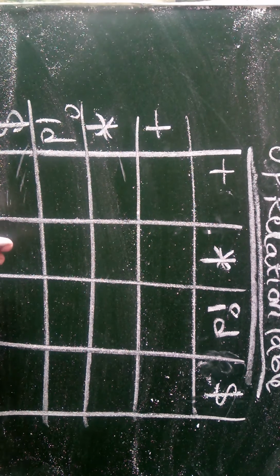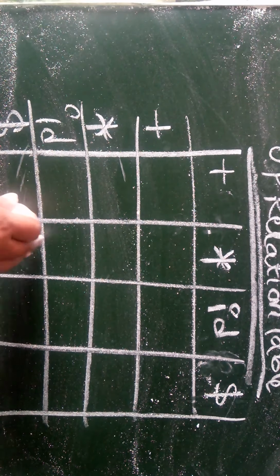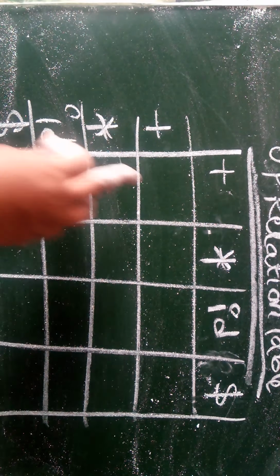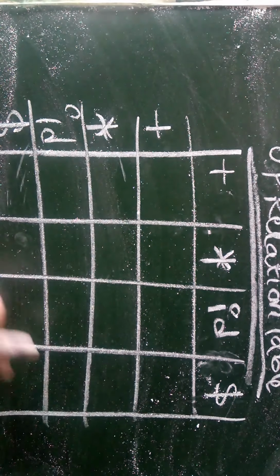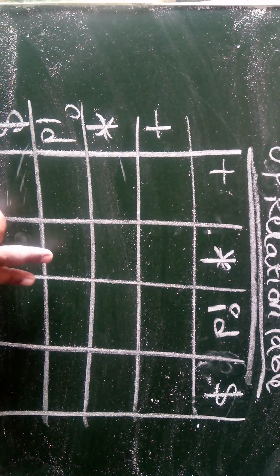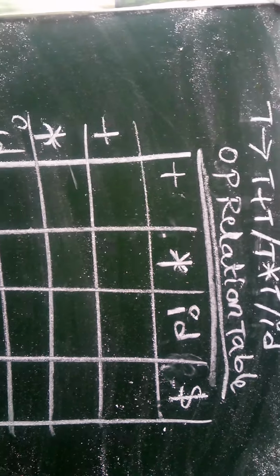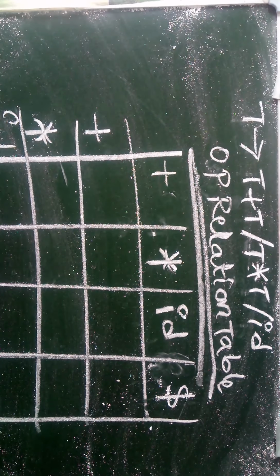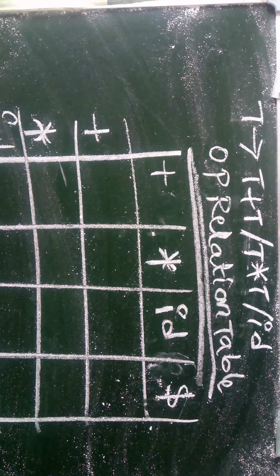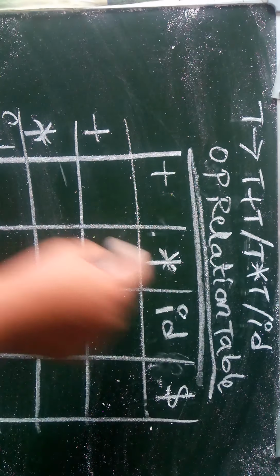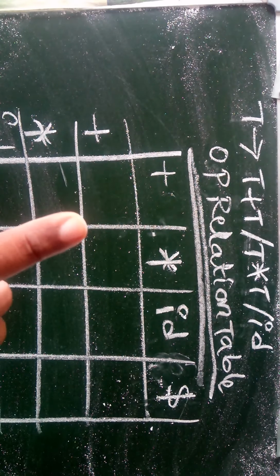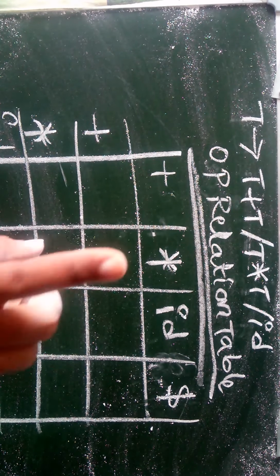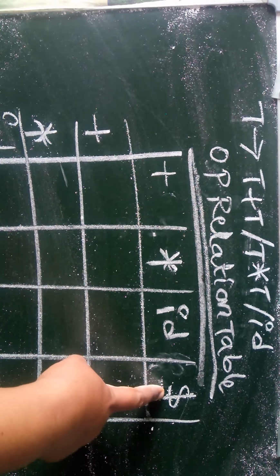This is the process of how to draw a table, the basic table. Later we fill all the boxes in the table. For the operator precedence relation table, take all terminals in the expression. At the end of every string, we have to put dollar compulsorily.